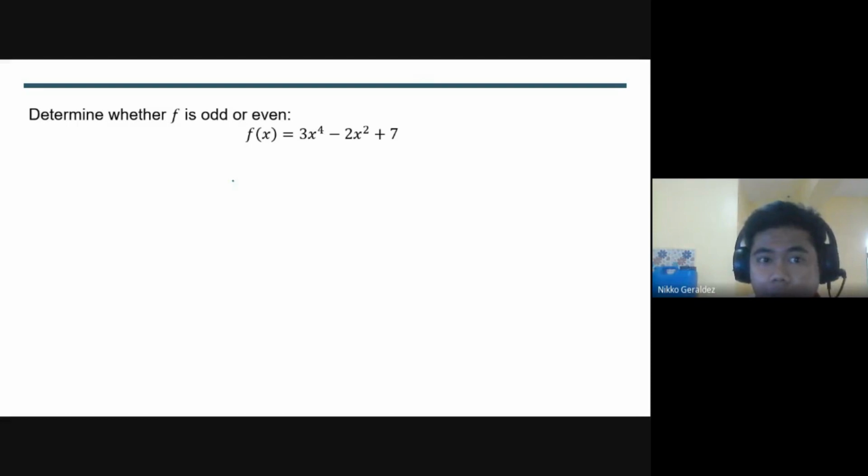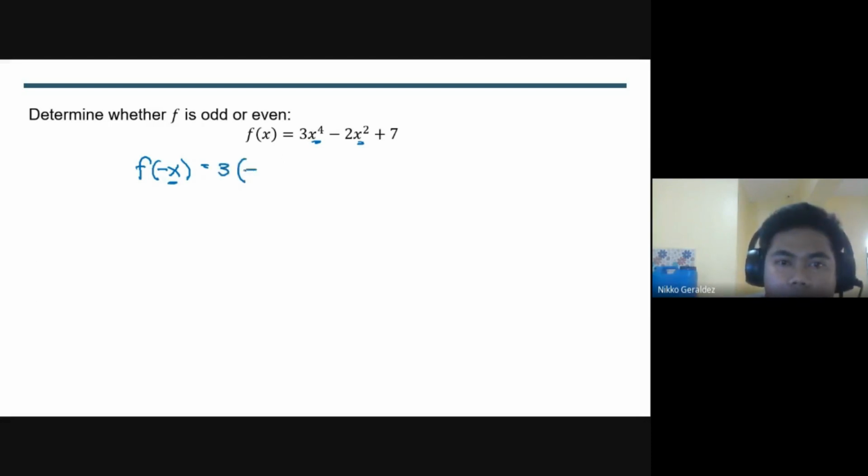So determine whether the function is odd or even. First, evaluate natin siya at negative x. So f of negative x equal to, substitute lang natin itong negative x doon sa x sa given function. So 3 times negative x raised to 4 minus 2 times negative x squared plus 7.